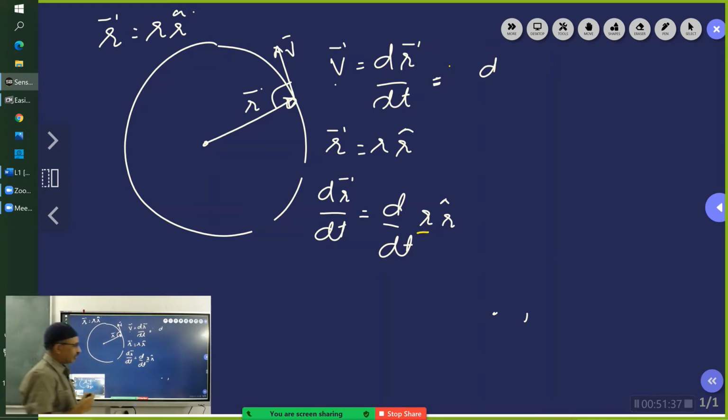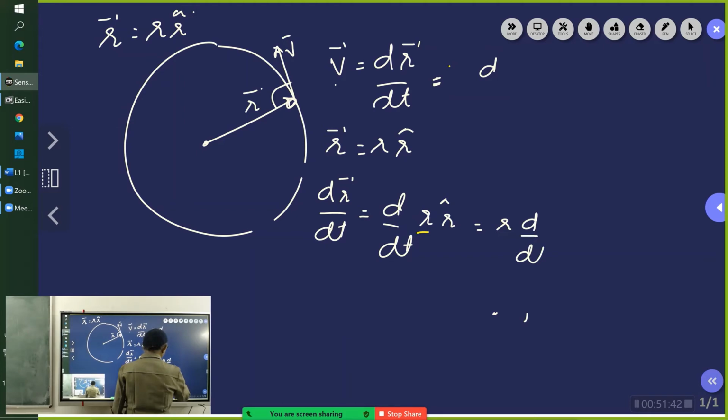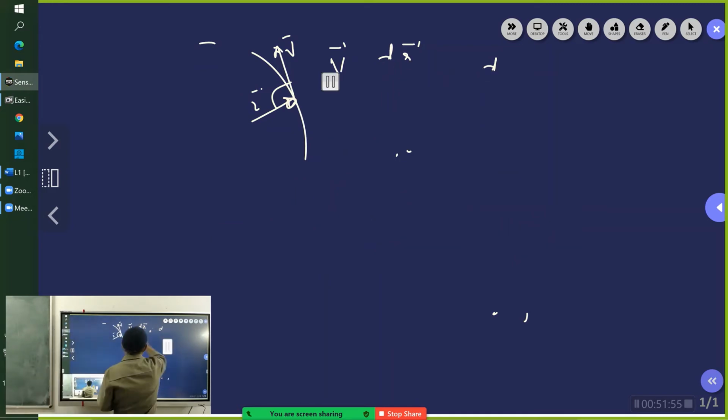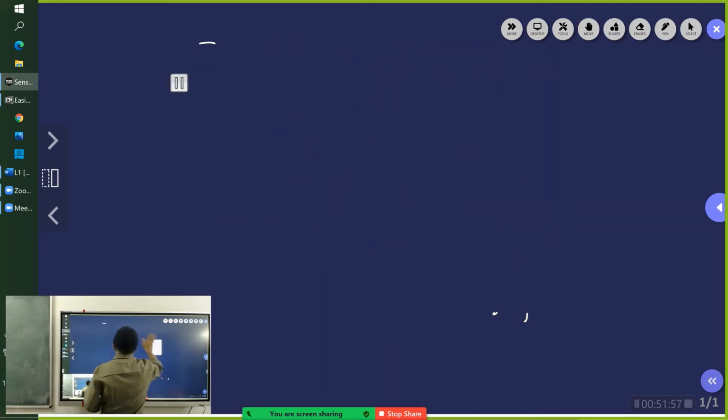It is the radius. So I will get this as R into d by dt of R cap.